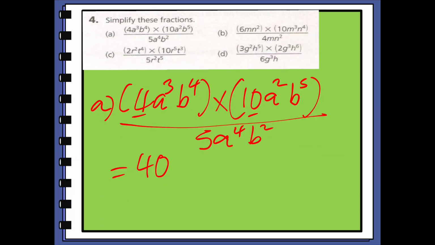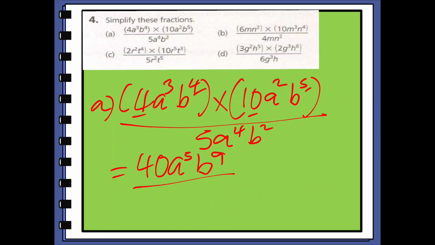Then we work out the a's. What is the value of a? Since we're multiplying, we do 3 plus 2, which is a to the power 5. Then the value of b, we have 4 and 5 on the other side, which is 9.